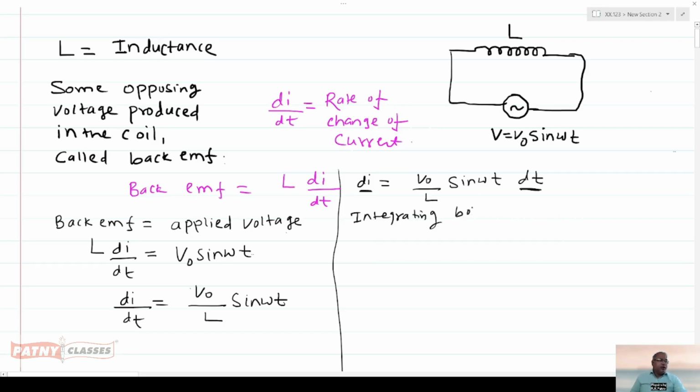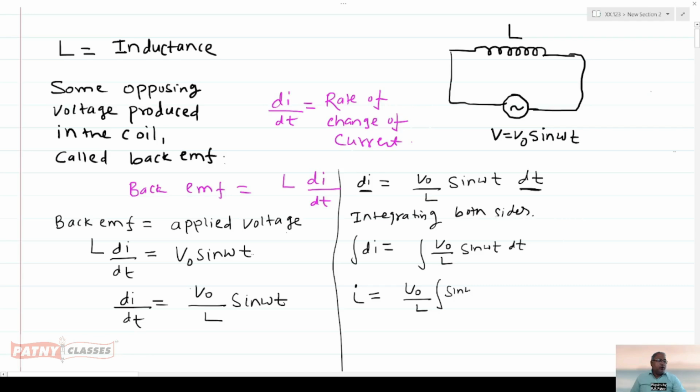So integrating both sides: integration of di equals integration of V naught upon L sin omega t with respect to t. Integration of di is equal to I, and V naught is a constant, L is a constant.